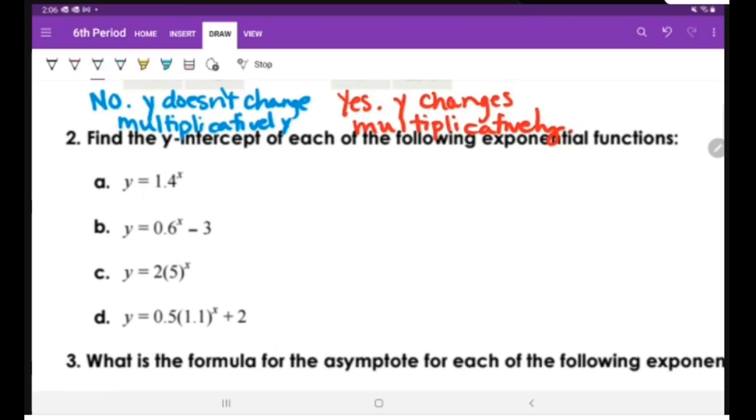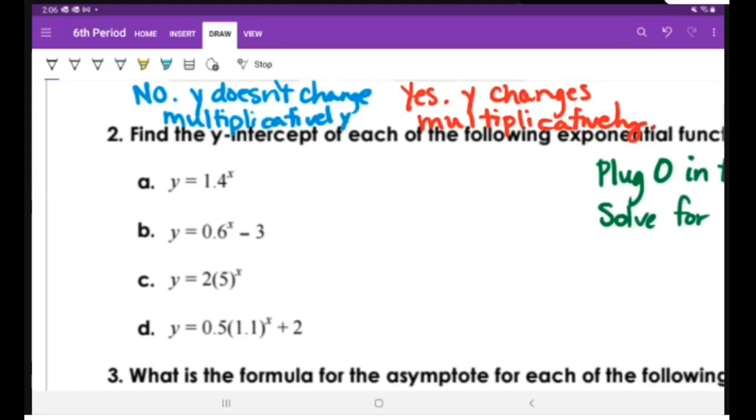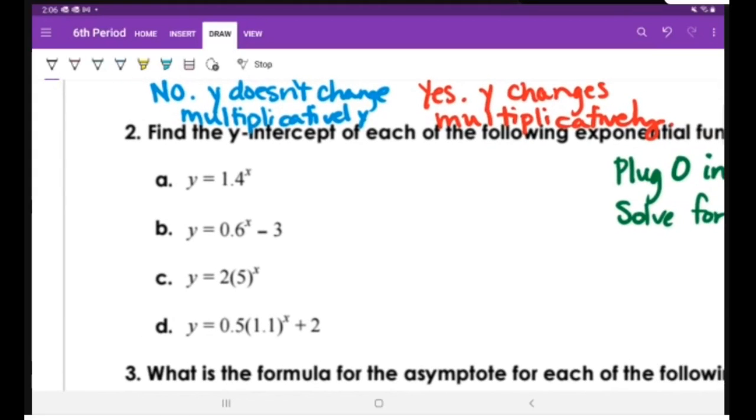So the way you find these is you plug 0 in for x and then solve for the y value. And this is just a calculator game. So I'm going to zoom in a little bit. For these problems, to find the y-intercept, we're just going to plug in 0 for x.